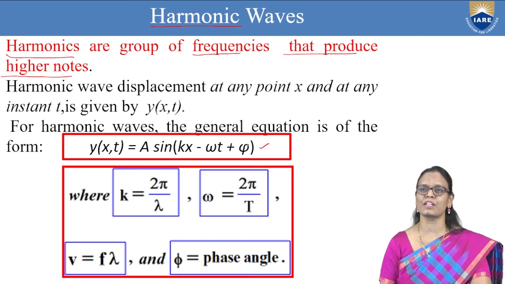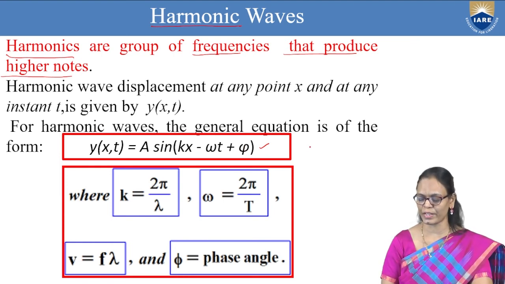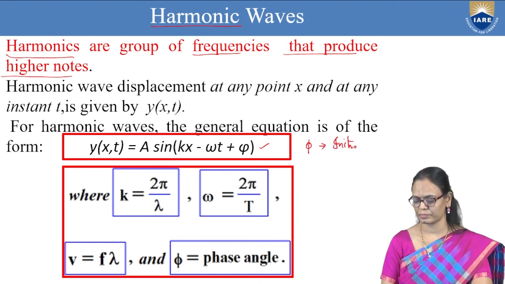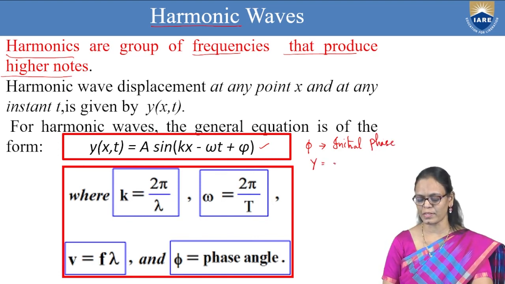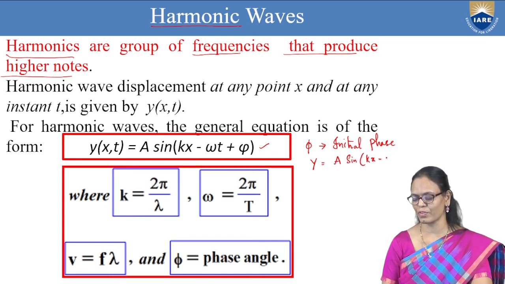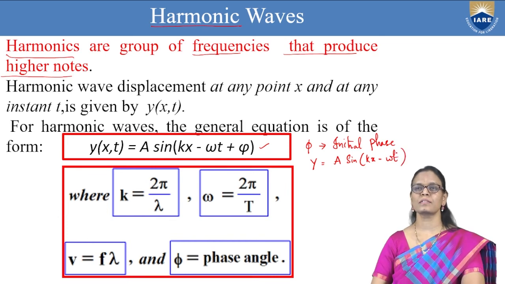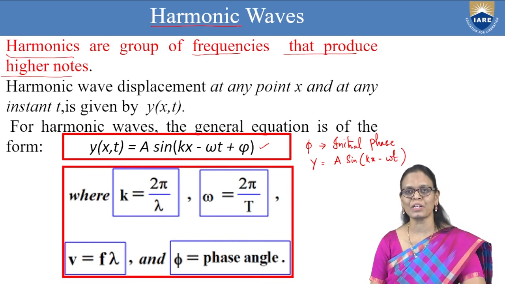Suppose in case the initial phase φ is equal to 0. φ here denotes the initial phase. So in case the initial phase is 0, we simply write y = A sin(kx - ωt). This is what we have been considering till now, considering that the particle starts from the mean position.